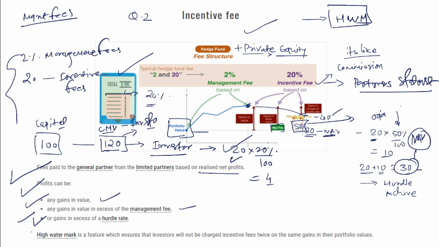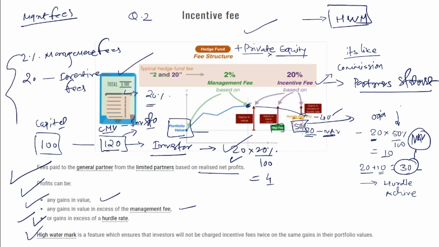In addition to the above, the high water mark is a feature which ensures that investors will not be charged incentive fees twice on the same gains in the portfolio values. This is the main purpose of incentive fees, or this 2 and 20% which we have as a slab.